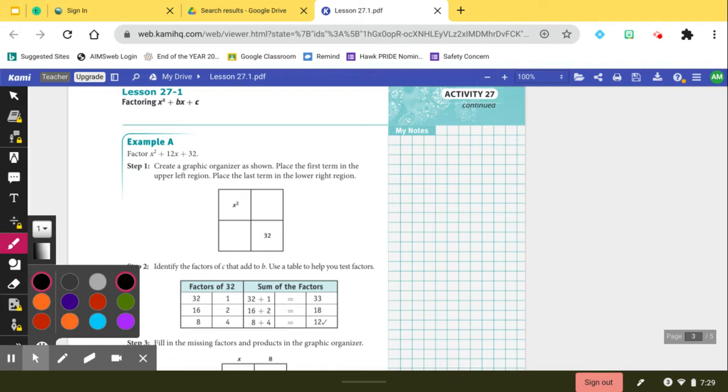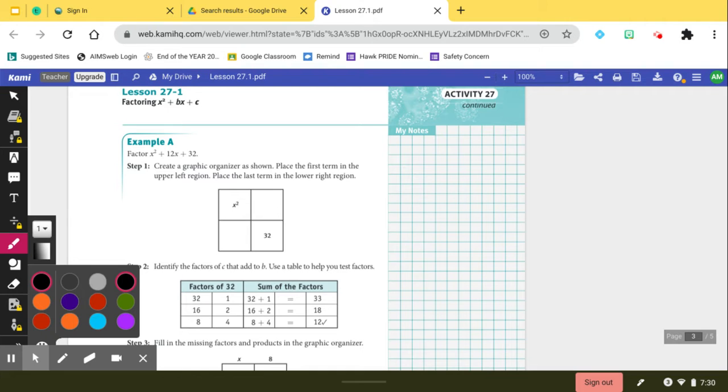And the last term of our trinomial, our c, is the result of the two last terms in my binomial being multiplied together. What we need to figure out is what are the two linear terms, so the bx, that get added together to form our bx.